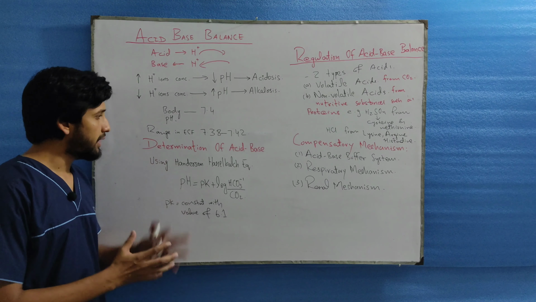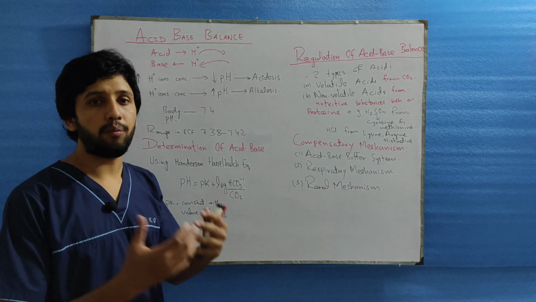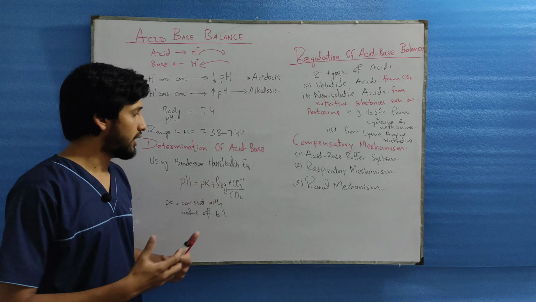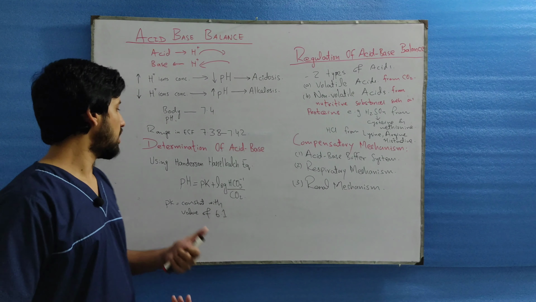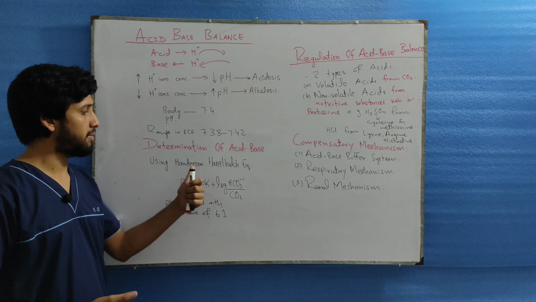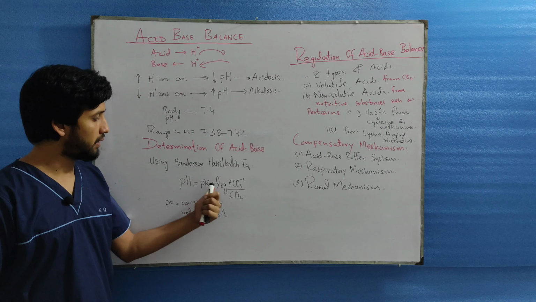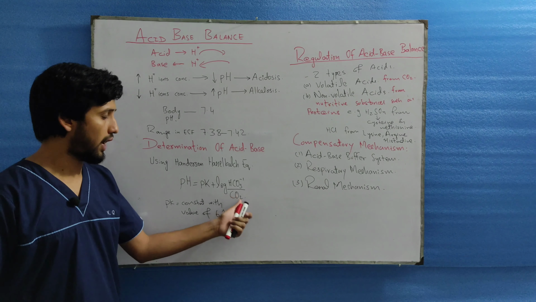Now, determination of acid-base balance or acid-base status. There is no way of directly measuring the pH of our body, but there is an indirect method, the Henderson-Hasselbalch equation: pH equals pK plus the logarithm of bicarbonate ions over CO2.